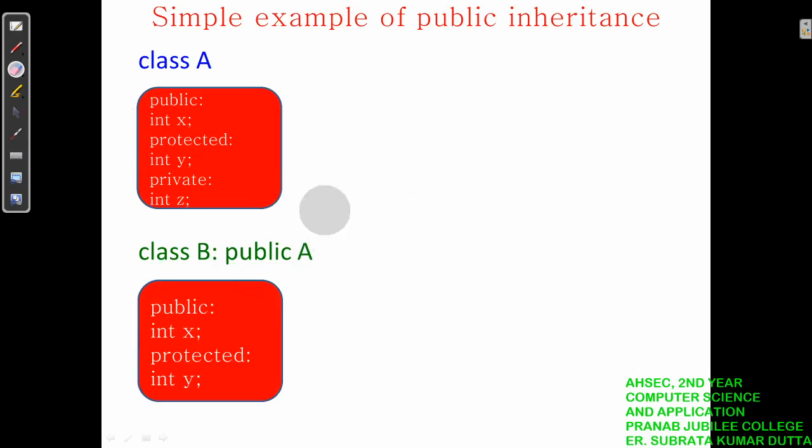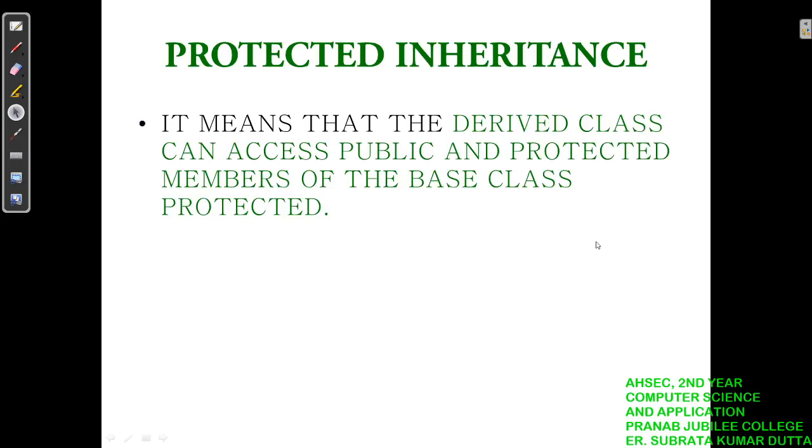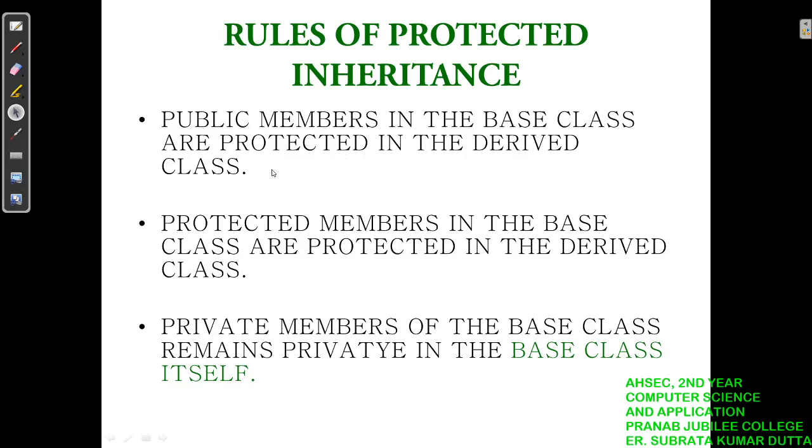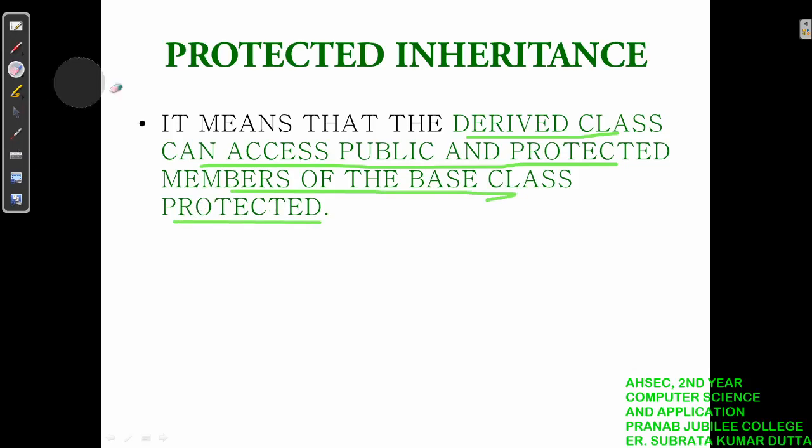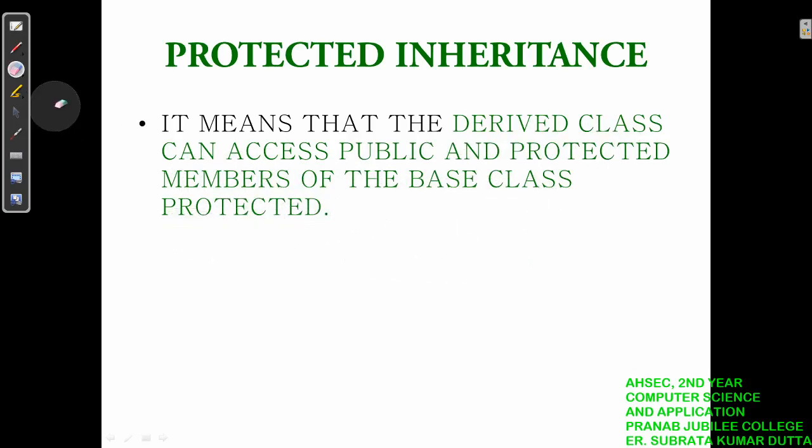Let's move on to the next, that is protected inheritance, right? In protected inheritance what happens is, the derived class can access public and protected members of the base class. That means the public and protected members of the base class will be declared as protected in the derived class.